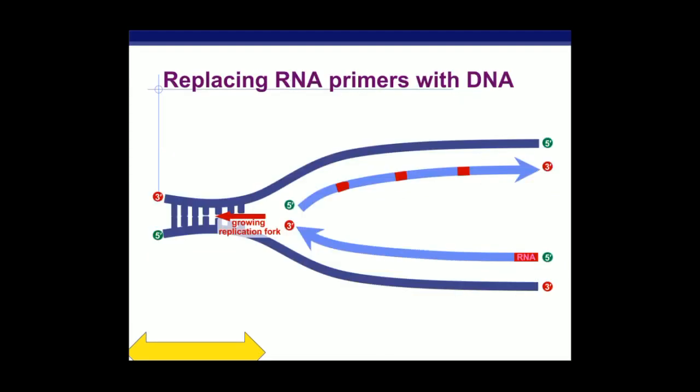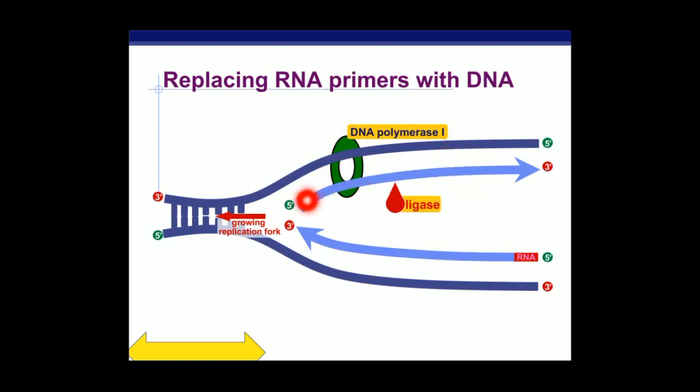Now replacing RNA primers, we have already discussed. The RNA primers are replaced by DNA, by DNA polymerase first, by the exonuclease activity. As you can clearly see, the RNA primer is being replaced by the DNA, same process you can clearly see here, correct?